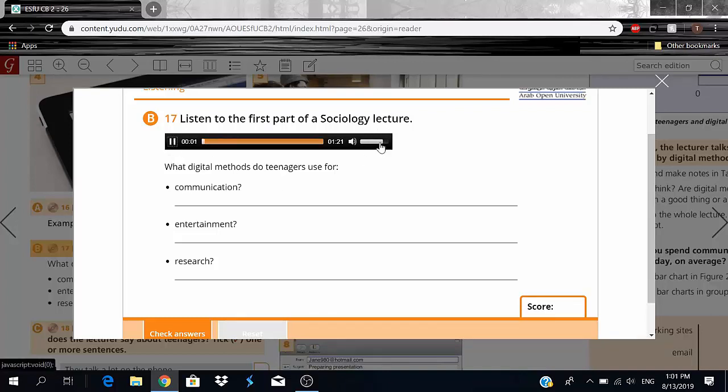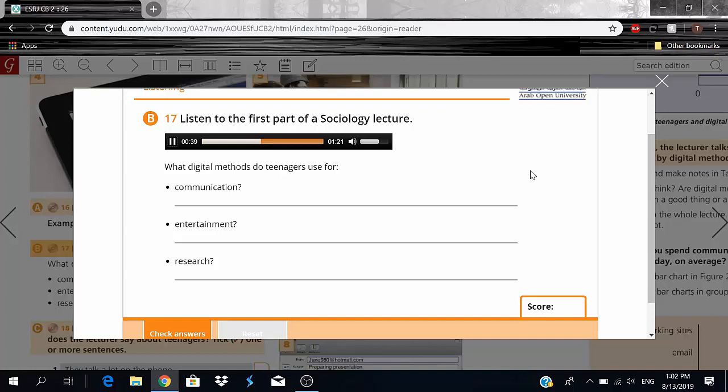Exercise B. Listen to the first part of a sociology lecture. In sociology this week, we're looking at the daily life of teenagers in the modern world. Today, I'm going to look at teenagers and technology. Teenagers are living in the digital age. What does that mean? It means that teenagers use digital methods for communication.